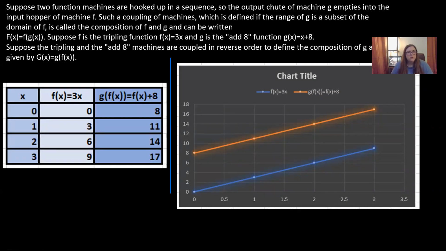All right, so don't let this graph and chart fool you. It kind of looks a little complicated, but suppose we have two function machines. They're hooked up in a sequence.